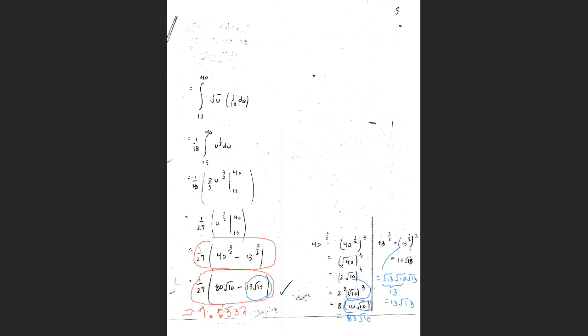Do not put a decimal answer in WebAssign. Use the exact answer. But what I'm trying to say is, like this answer here, 1/27 times the quantity 80 root 10 minus 13 root 3, I know the answer should be around 7.5.